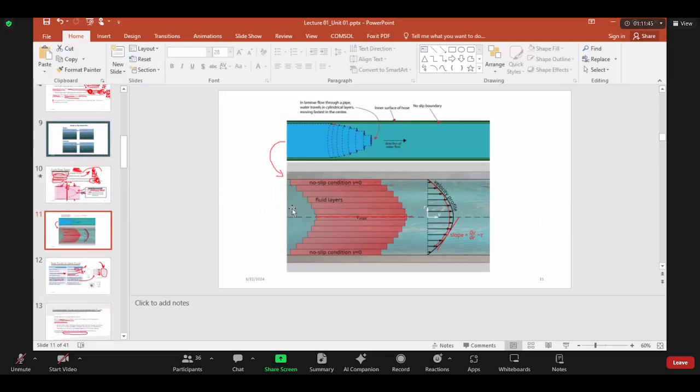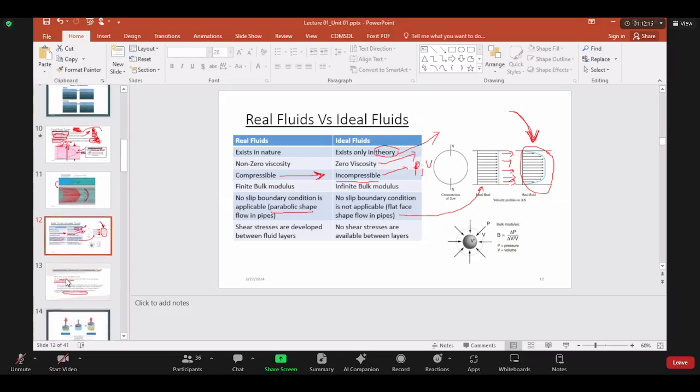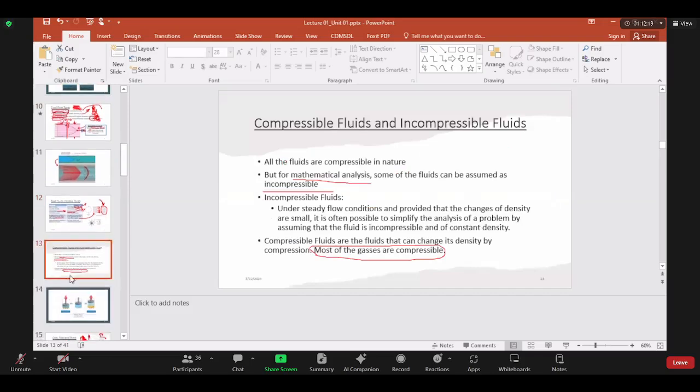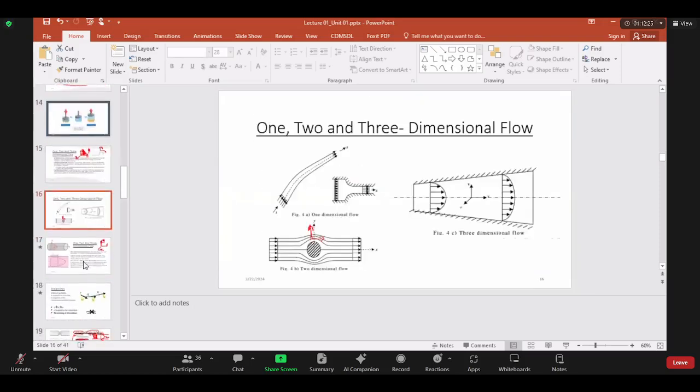What are the layers in this fluid? How is the behavior in fluid layers? And what are the differences between real fluid and ideal fluid? You should compare. And what is the velocity profile in a real fluid versus an ideal fluid? You should remember.